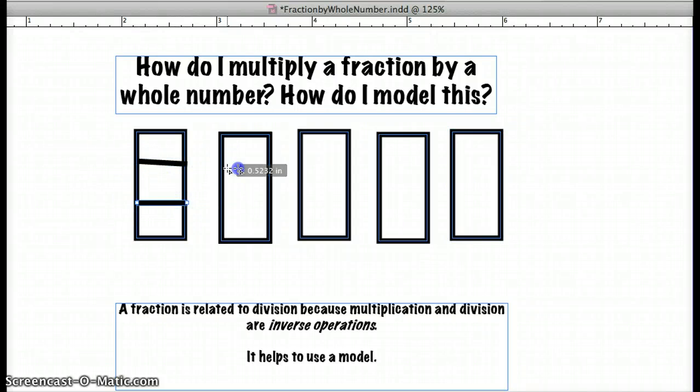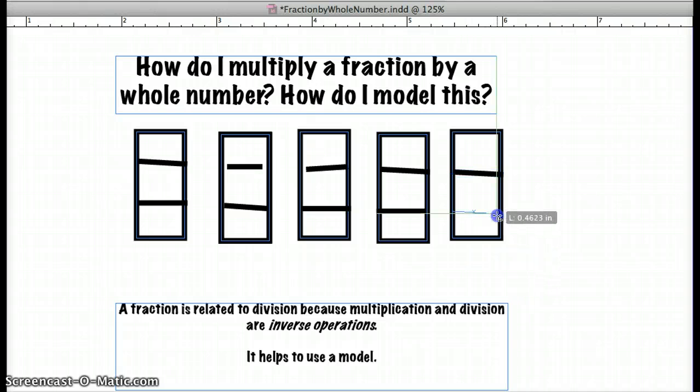I know they're not perfectly equal, but that's okay for this purpose. And what we want to find out is how many quarts of iced tea I drank during that week. So there's 2/3, 2/3, 2/3, 2/3, 2/3.